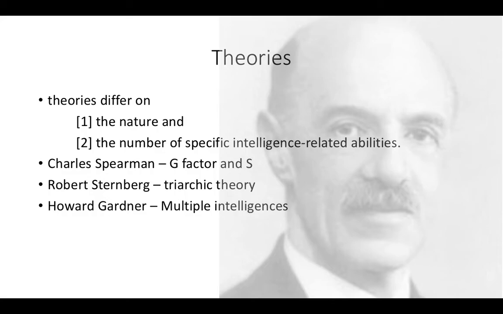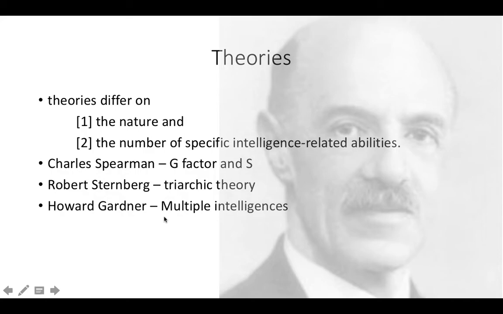There are three main theories of intelligence: Spearman's, Sternberg's, and Gardner's. They differ fundamentally, Spearman's from the other two mostly, in terms of what they think intelligence is and how many types of intelligence there are. So Spearman had the G factor, Sternberg's was the triarchic theory, three types of intelligence, and Gardner had multiple intelligences.